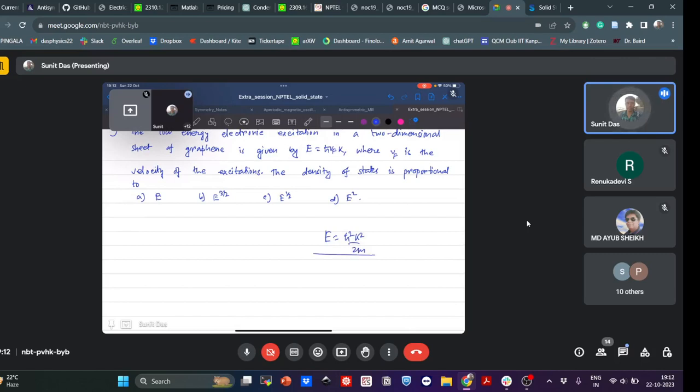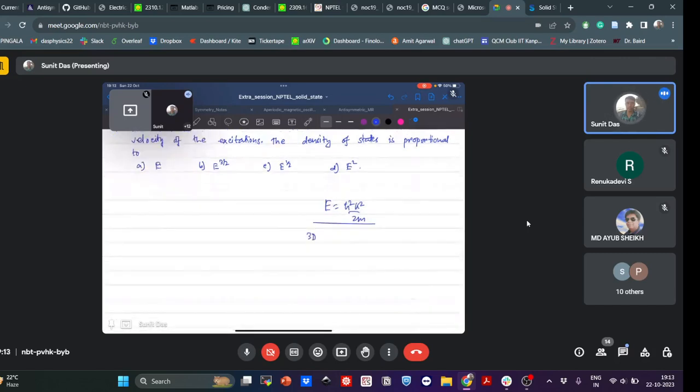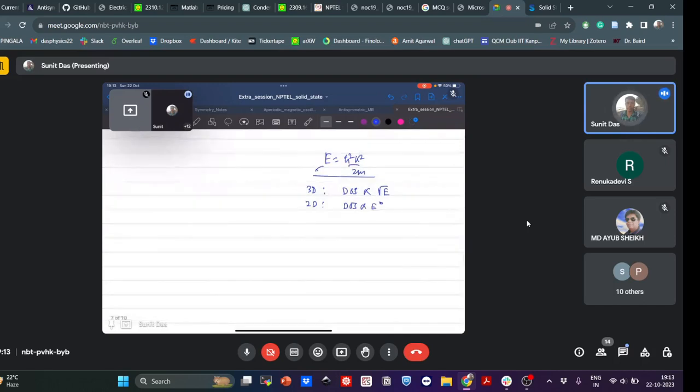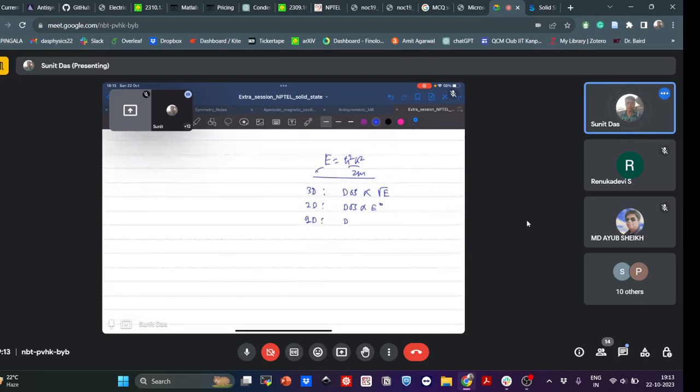So for this type of dispersion, let me write DOS. DOS means density of states. In 3D, DOS is proportional to root epsilon. In 2D, for this kind of dispersion, DOS is proportional to e to the power 0, and in 1D it is proportional to e to the power minus half.